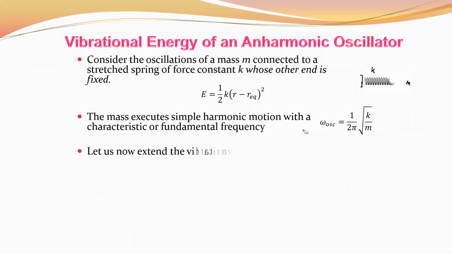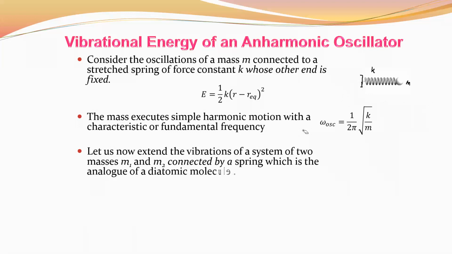Now we extend the example to a system of two masses, m1 and m2, connected by a spring of spring constant k. It is analogous to a diatomic molecule, where the spring is its bond.